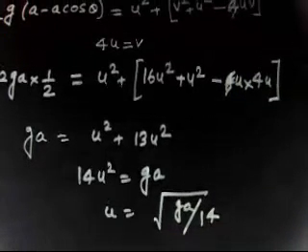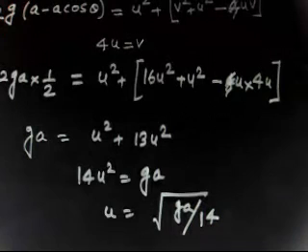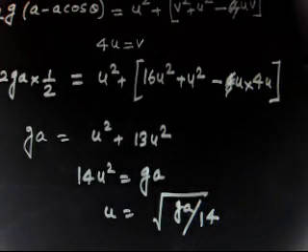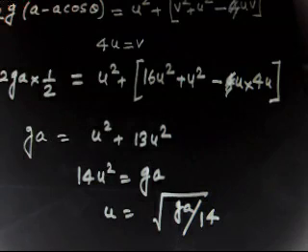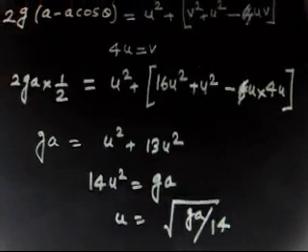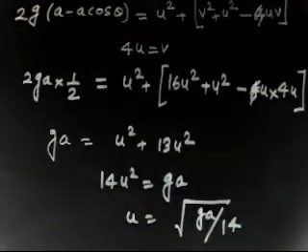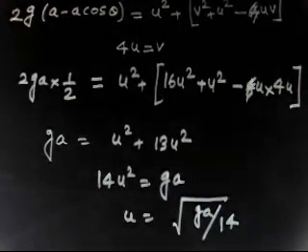Are you getting it? In this question, the important point is that once we have given a push, I have to analyze the motion in two parts, rotation as well as translation. I have assumed the center of mass is translating with the speed u, and the system is rotating about the lowest point with velocity omega.